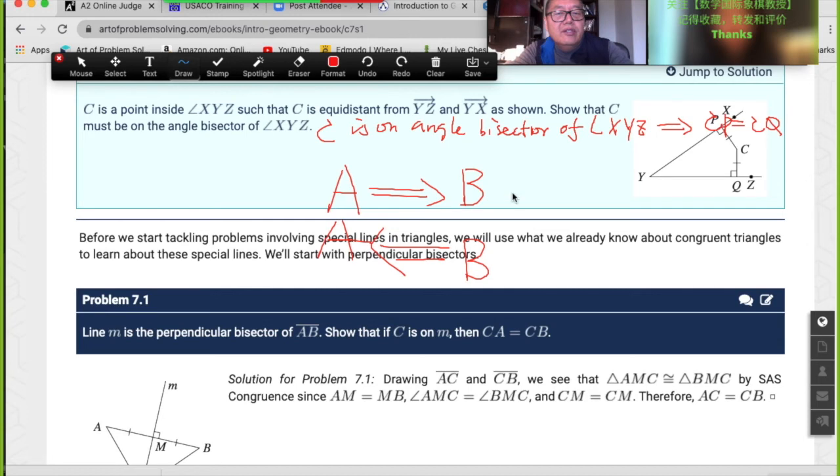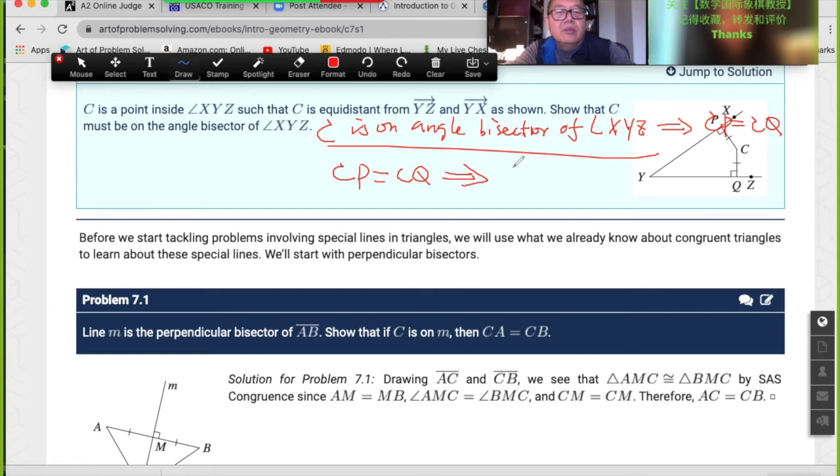Now they change this. They give you CP equals CQ. Then they ask you to prove C is on the angle bisector of angle XYZ.